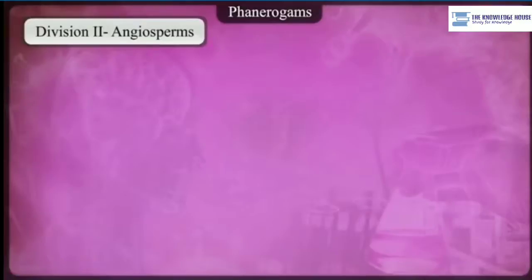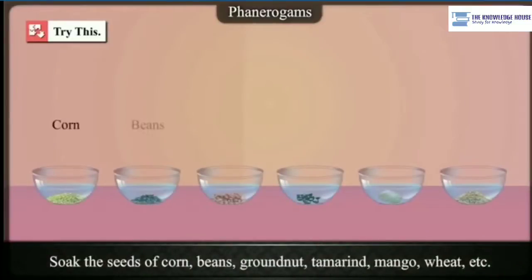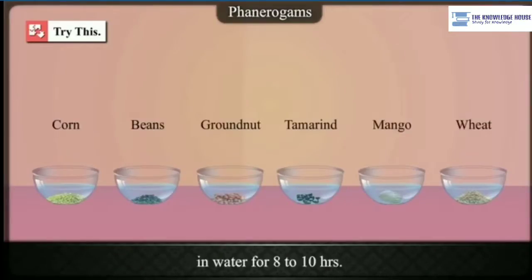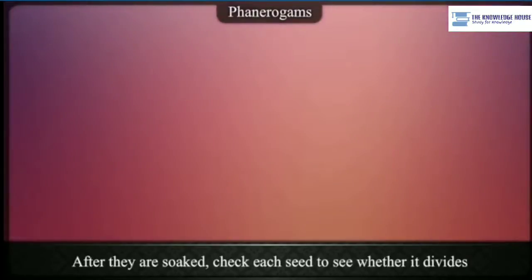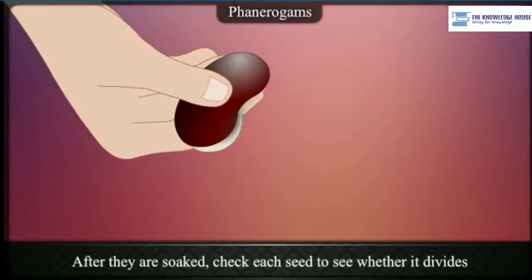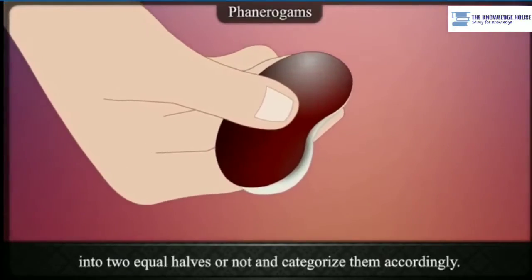Division 2. Angiosperms. Try this. Soak the seeds of corn, beans, groundnut, tamarind, mango, wheat, etc. in water for 8 to 10 hours. After they are soaked, check each seed to see whether it divides into 2 equal halves or not and categorize them accordingly.